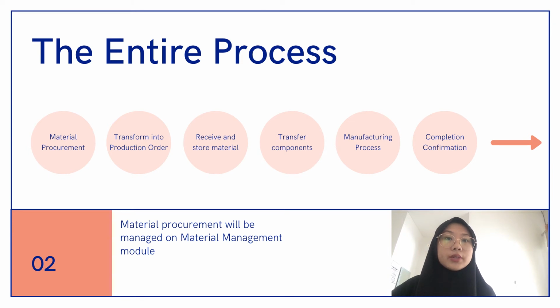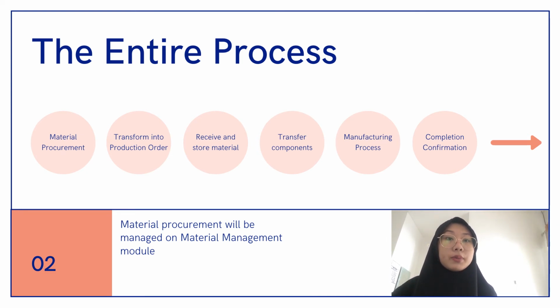Once we receive the material sent by Citystic Ltd, we store it in our raw material storage, and then we have to make sure that all of the materials or components are available in storage. After that, we transfer all the components from the storage into our work center.